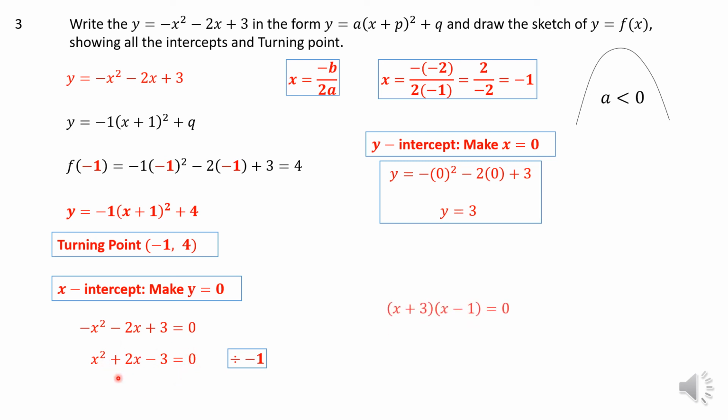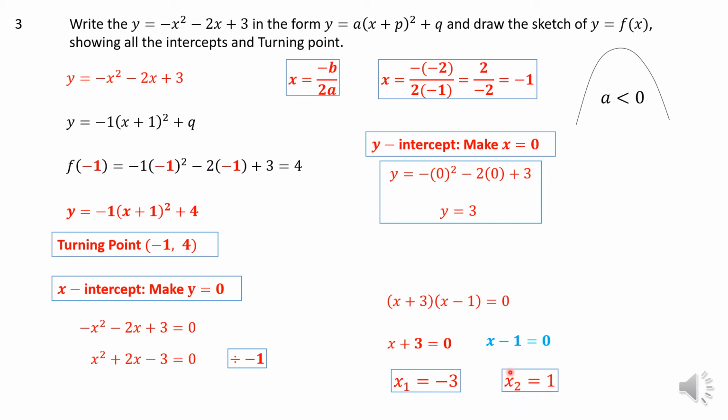So when I'm here, I can actually factorize this equation to x plus 3, x minus 1 equals 0 in its factored form. And you simply take each bracket and let it equal 0. Then you'll find one solution, x is equal to -3, and the other solution, x is equal to 1. So now I have got my x-intercepts. I know my graph is going to cut the x-axis at 2 places, obviously.